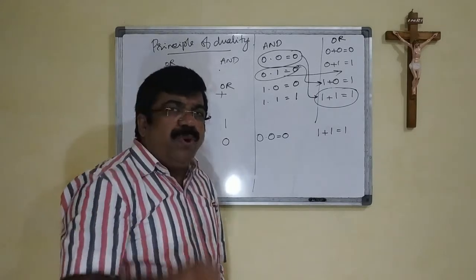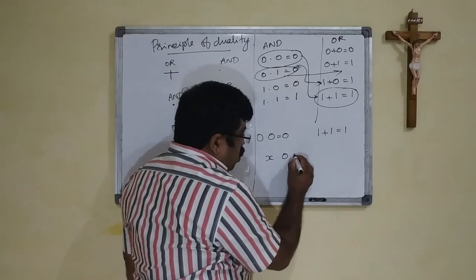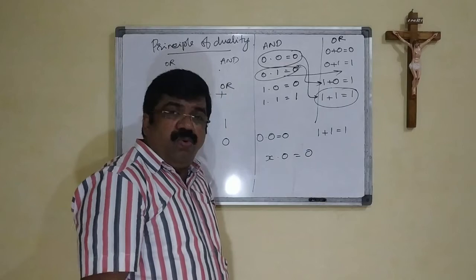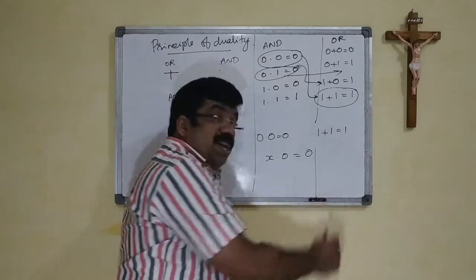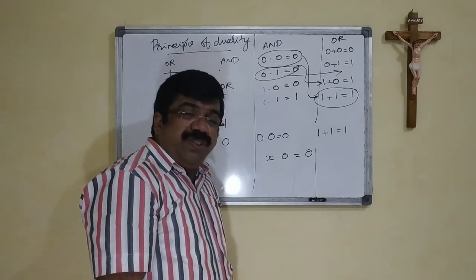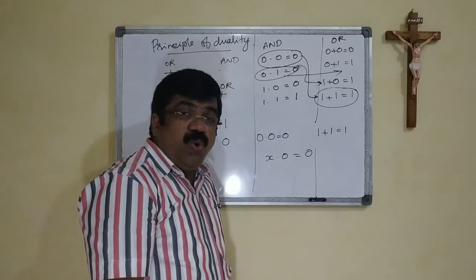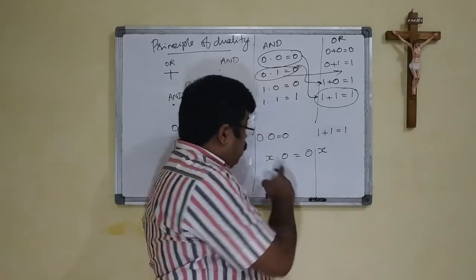Again we studied a few examples. I think you remember x into 0 is equal to 0. Just replace every AND with the OR, OR with the AND, zeros with 1, ones with the 0. What do we get? X will be remaining as it is.